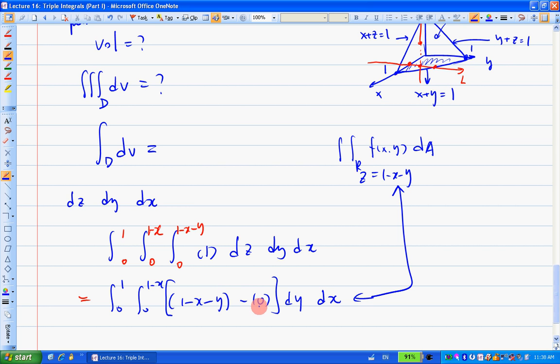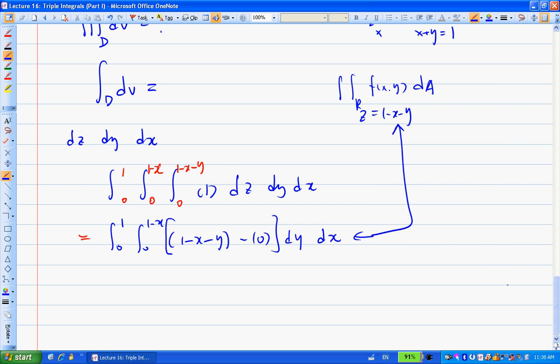The bottom surface is 0, so z equals 0, so there's nothing there. So if you're calculating the volume of a certain region D, you can either use a double integral or a triple integral, which will all be the same thing. Is that good?